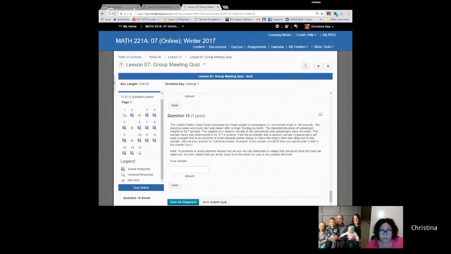It wants to know the extreme, either above or below the mean. So what did you guys get? Negative 1.92. We have to put that data in the Z-score, and the probability will be given in the area, right?